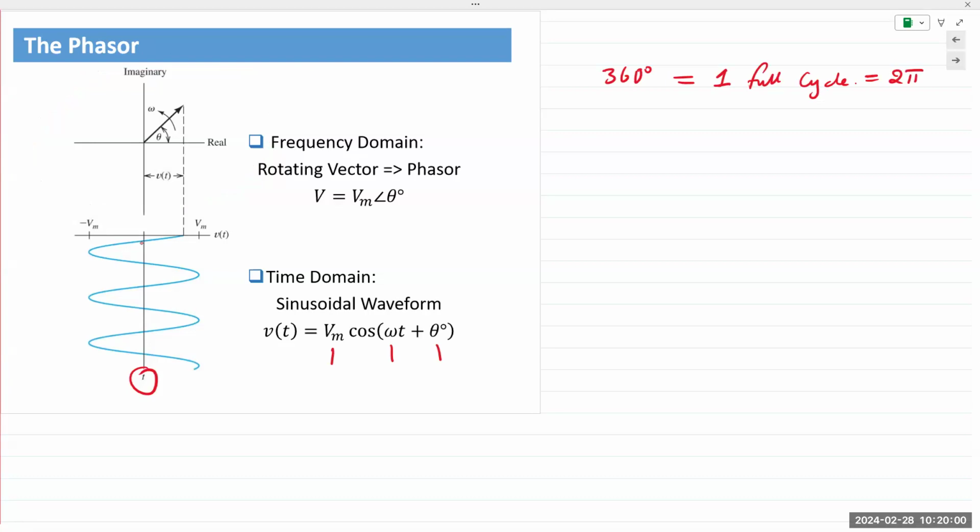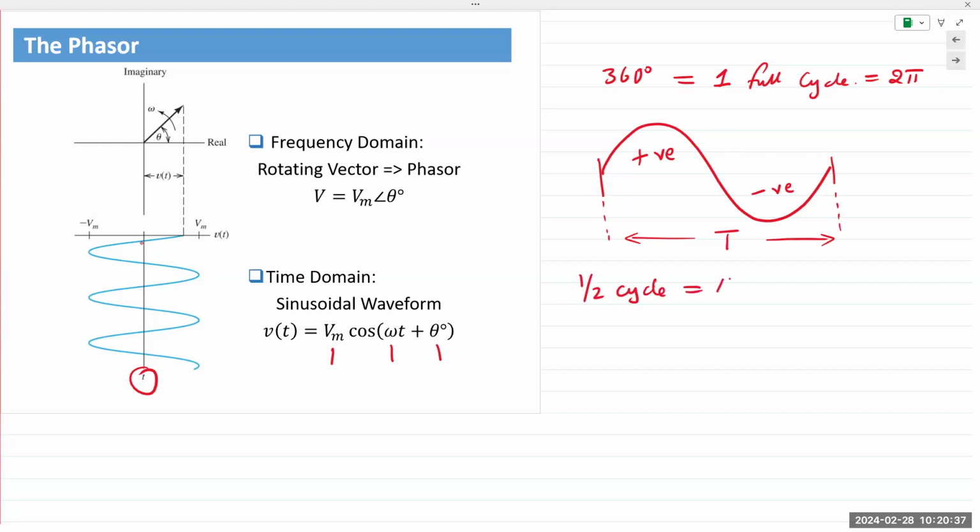One full cycle means one positive and one negative cycle, one time period. In the frequency domain, it's one full rotation of that vector, 360 degrees. This is the positive half cycle, this is the negative half cycle. Each half cycle is pi, or 180 degrees.